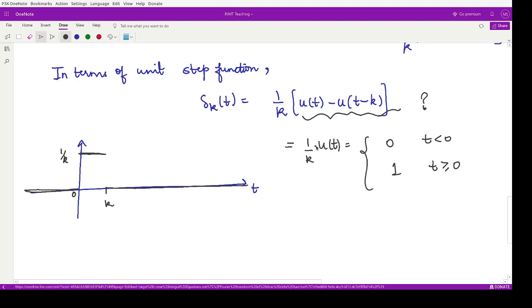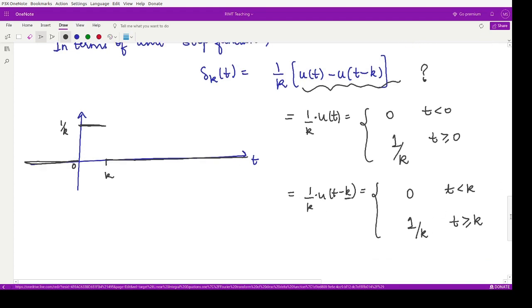But here it is multiplied by 1 by k, so we have the magnitude as 1 by k. And what is 1 by k u of t minus k? This is 0 whenever t is less than k, because we have shifted it by k units, and it is 1 whenever t is greater than or equal to k. But the magnitude here has been multiplied by 1 by k, so it would be 1 by k.